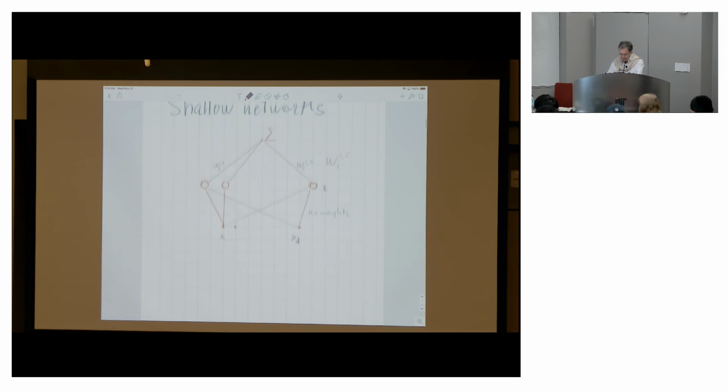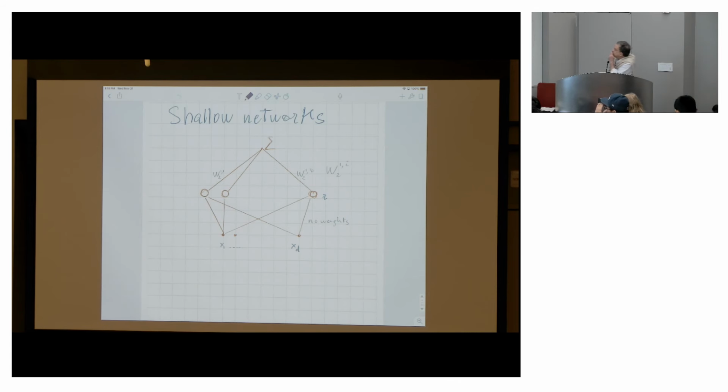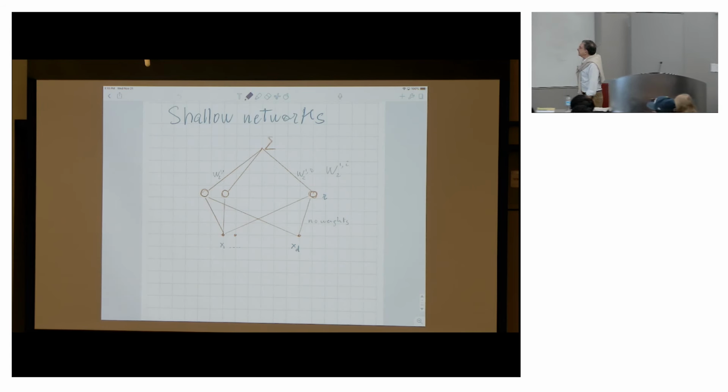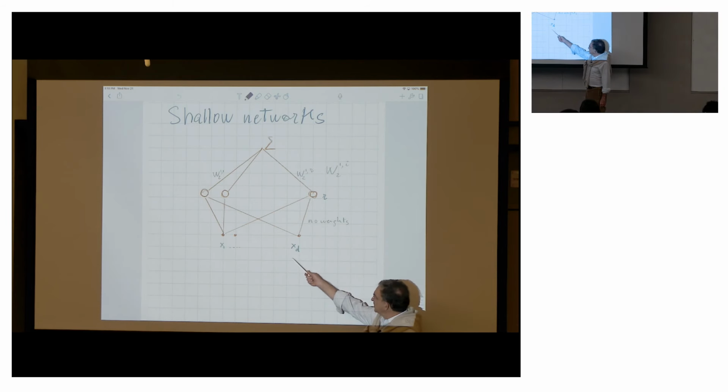So if we have a shallow network, this is one example, one hidden layer. You have a d-dimensional input, so this is in R^d.